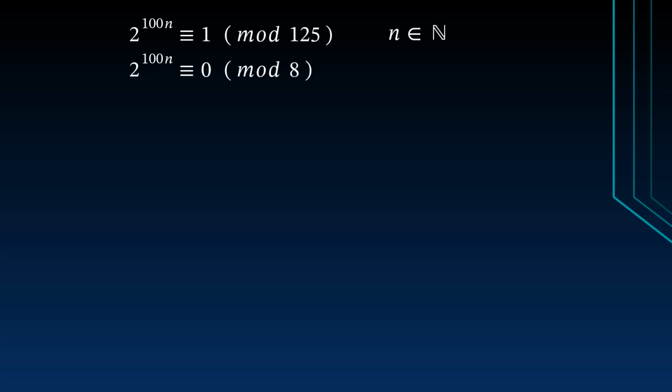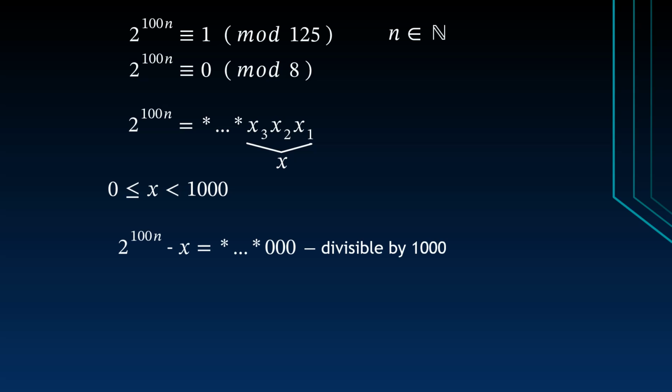While doing that, I haven't forgotten about the goal, which is to find the last 3 digits of 2 to the power of 100n. So let x be the number formed by the last 3 digits. Firstly, x is a non-negative number which must be less than 1000, otherwise it would have more than 3 digits. Secondly, 2 to the power of 100n minus x has a 0 at the end, therefore is a multiple of 1000.